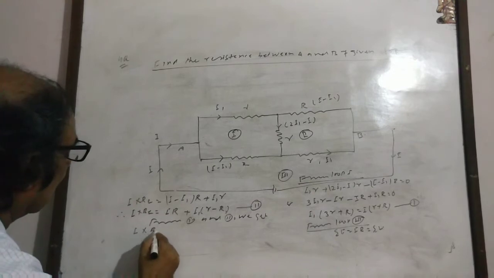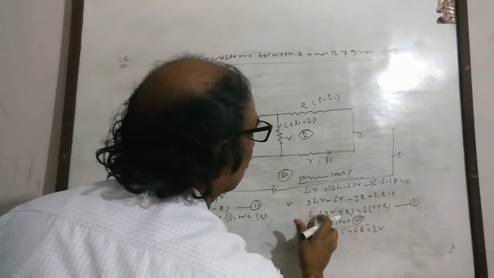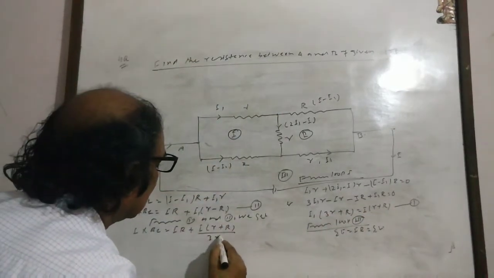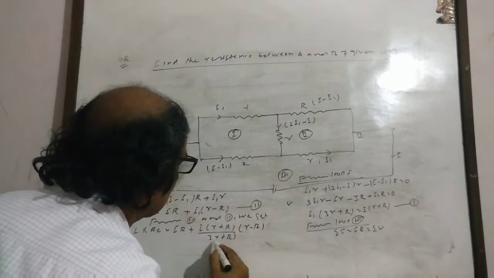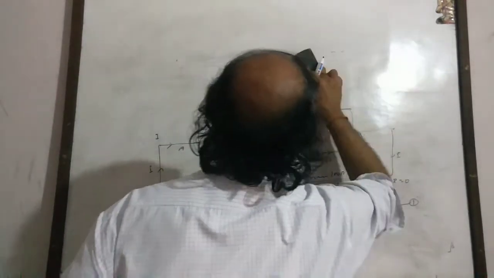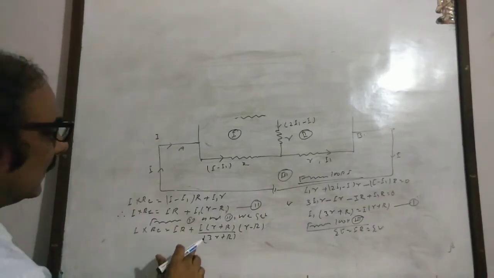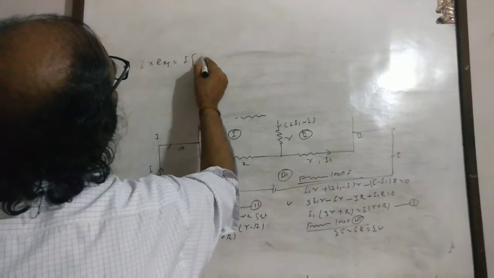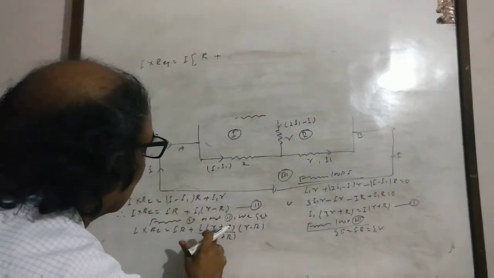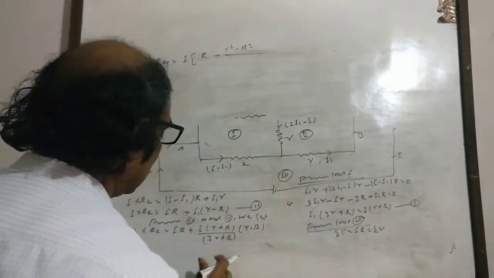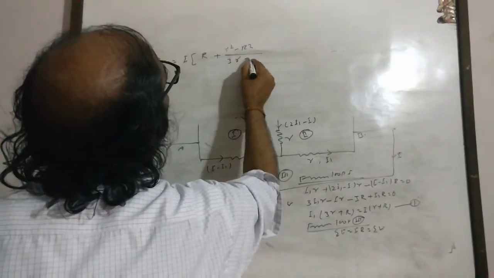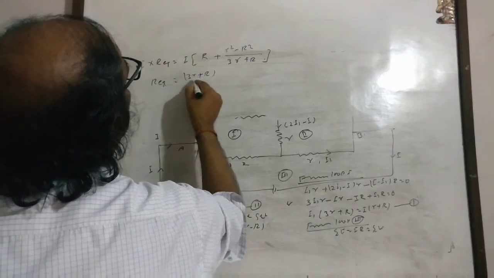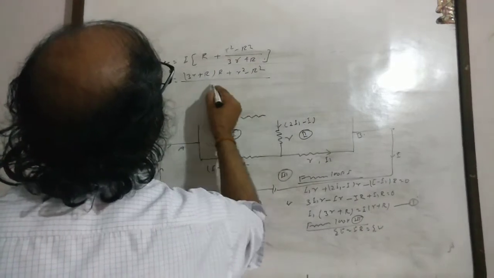So I into R equivalent equal to IR plus I1 equal to IR plus R by 3R plus R, and this term R minus R. Solving this, I into R equivalent equal to I times R plus R square minus R square by 3R plus R. So R equivalent equal to 3R plus R into R plus R square minus R square by 3R plus R.